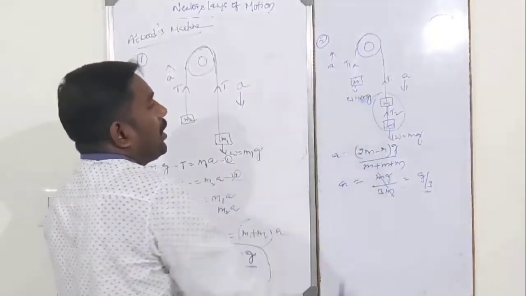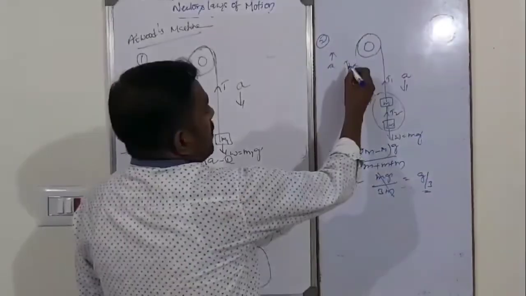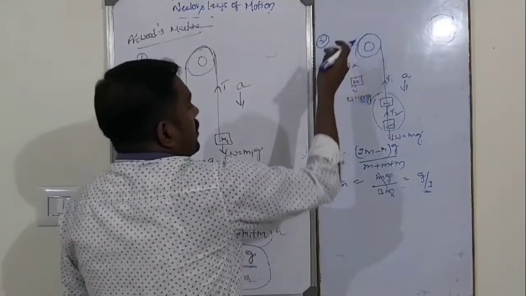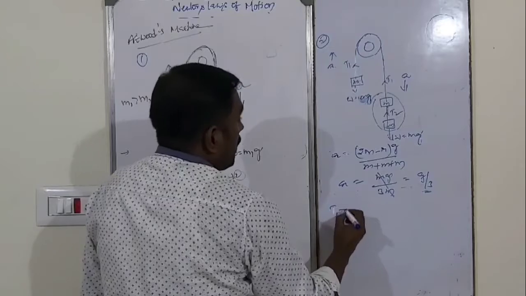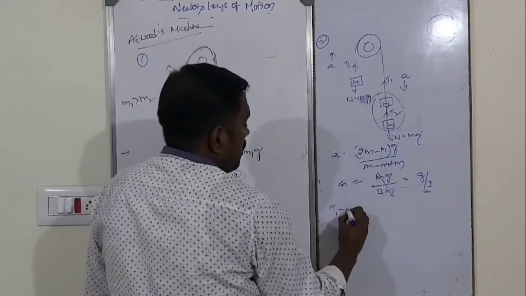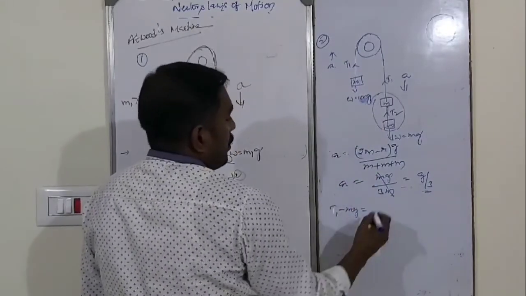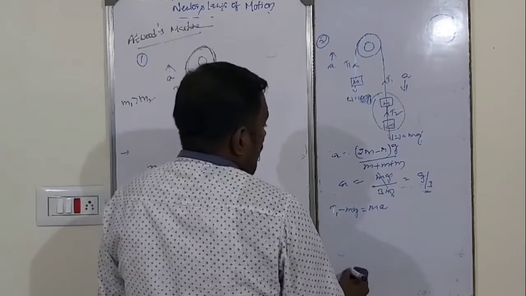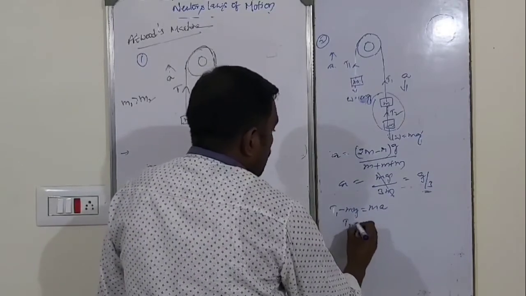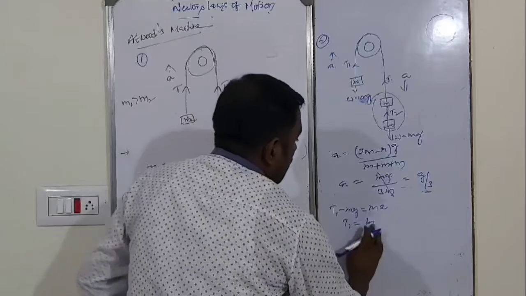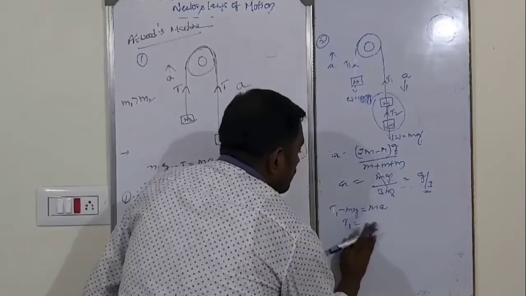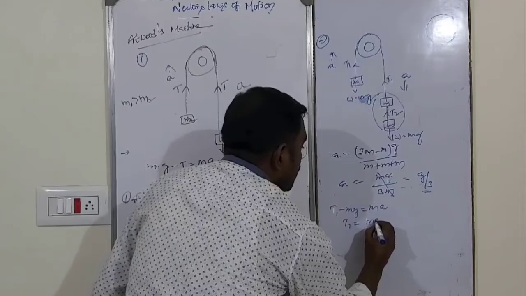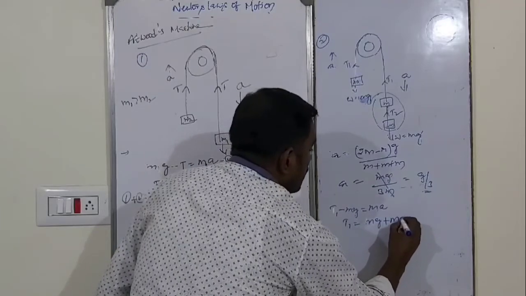So how to find out T1? In this case, the tension is greater than the weight, because it is going upward. Tension T1 minus weight mg is equal to ma, m into a. So T1 is equal to mg plus ma.